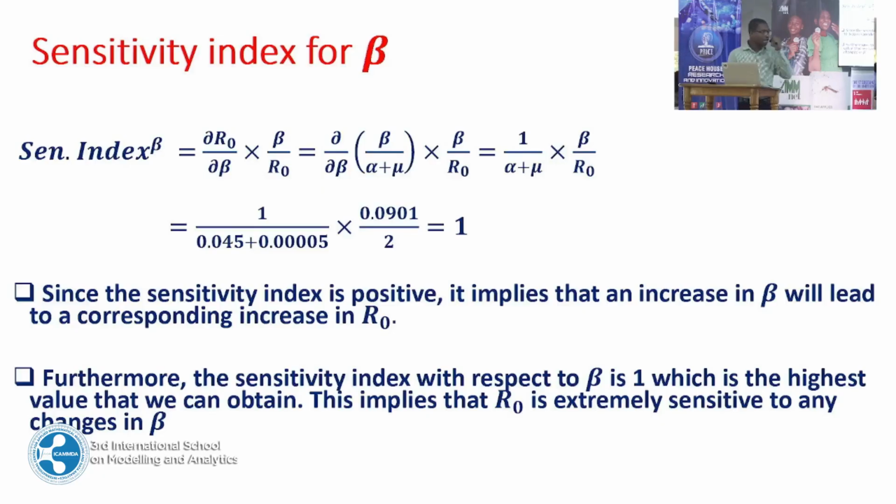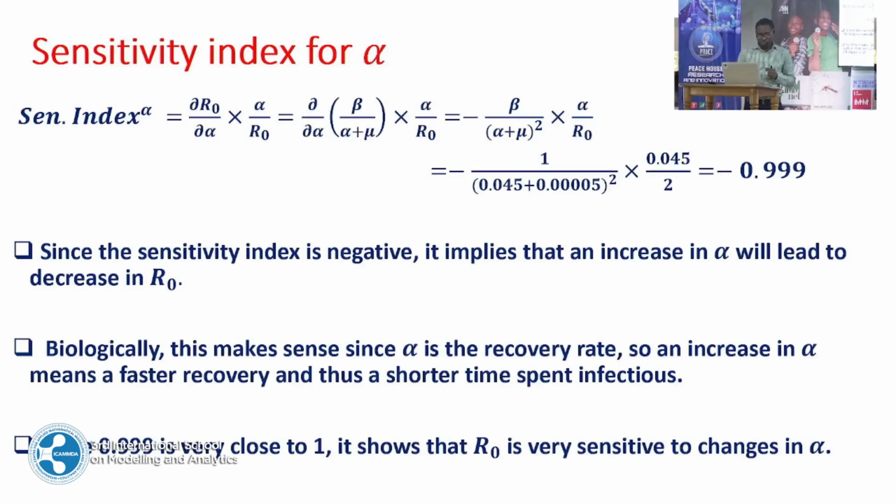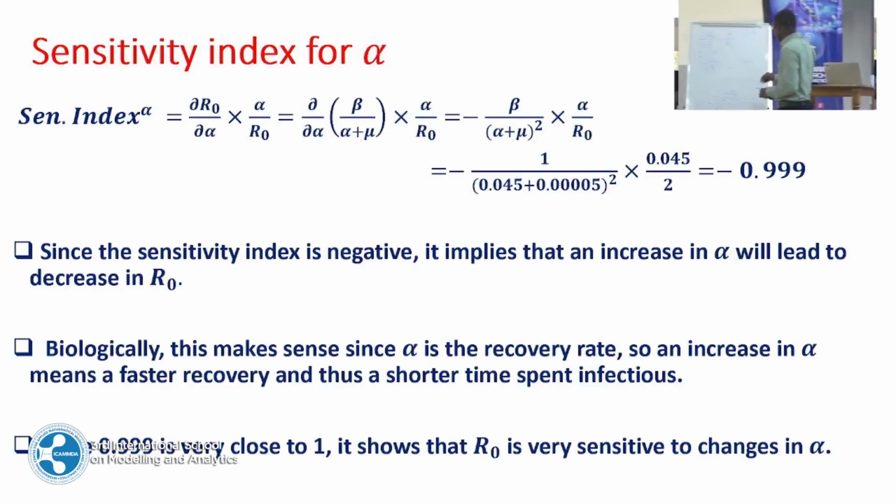So let's see for the other 2 parameters. Sensitivity index for alpha. Remember, alpha is our recovery rate. So we use the same formula. And then here we have a different partial derivative for alpha. Those mathematically inclined will understand how that happens.